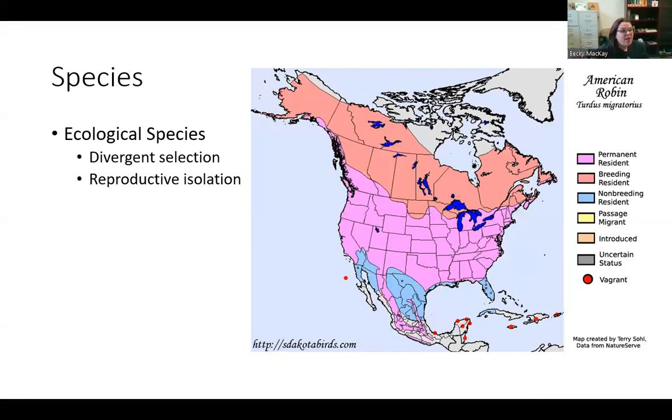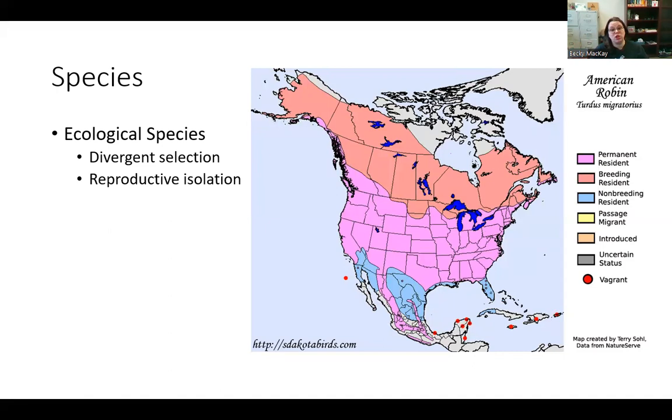So the thing about the American robin is that they are found all over North America. Literally. So this is their home range. The purple that you see is where they live all the time. The red is where they go sometimes, and they breed, and the blue is where they go sometimes, but they don't breed there. And then we have vagrants. I love that term.